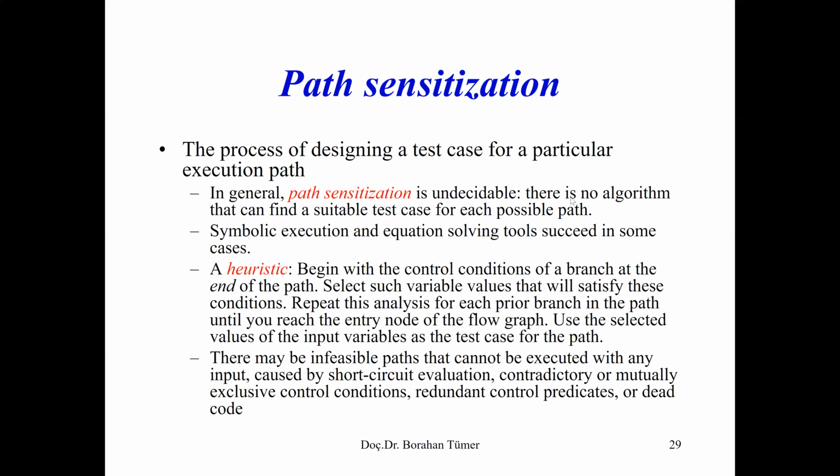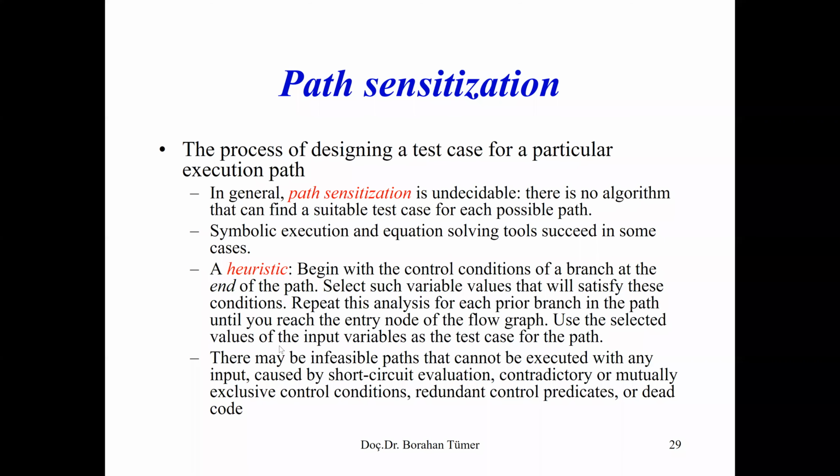Symbolic execution and equation solving tools succeed in some cases. So a heuristic can be used. We can begin with the control conditions of a branch at the end of the path and select such variable values that will satisfy these conditions. Repeat this analysis for each prior branch in the path until you reach the entry node of the flow graph.